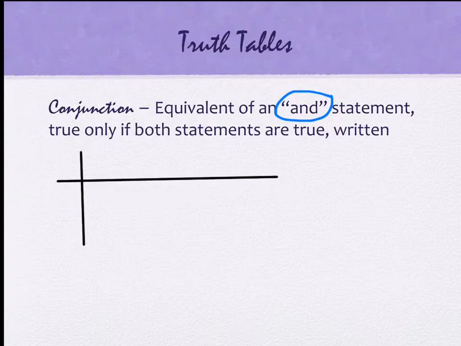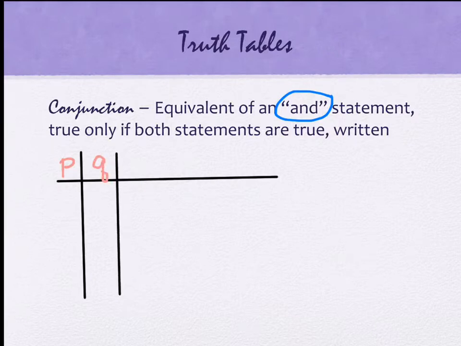Now, in order to have a truth table with two statements, I'm going to need two columns. A column for statement number 1, we'll call it P, and a column for statement number 2, we'll call it Q. Don't ask me why P and Q, but those are the conventions you usually see used. I'm going to stop with my columns; we'll come back to them in a moment.